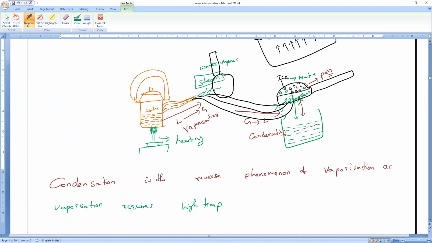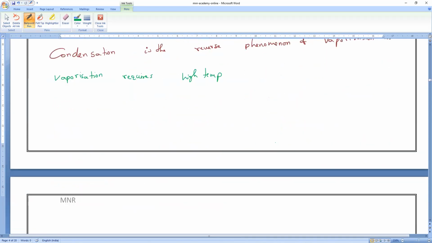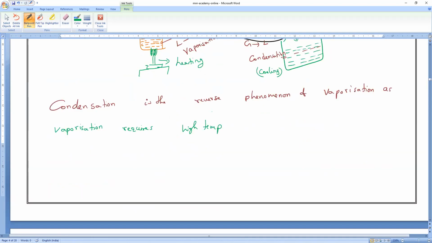As vaporization requires high temperature, whereas condensation requires what, guys? Lowering the temperature or increasing the temperature? Condensation requires lowering of temperature. Kishore, Sangamitrai, that is what you have to remember.